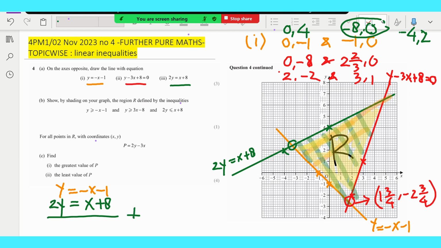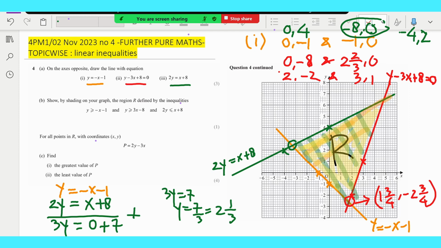So now we add the top with the bottom equation. y plus 2y is 3y, minus x plus x is 0, and minus 1 plus 8 is positive 7. So now we have 3y equals 7, and y equals 7 over 3, which equals 2 1/3.